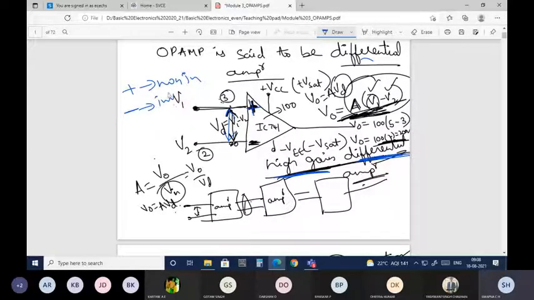The difference between the two inputs is taken and amplified. That is the reason it is a differential amplifier. High gain is achieved because of the cascading of so many amplifiers, and it is differential because the difference between the two inputs is amplified. So that is why it is a high gain differential amplifier.